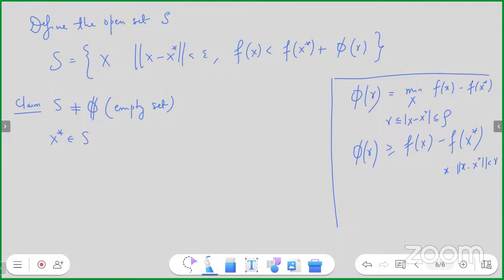Don't try to do this. If you take f of x star to the left hand side, what is it saying? That f of x minus f of x star is less than phi of r. What is that in the language of things we have set up for ourselves?